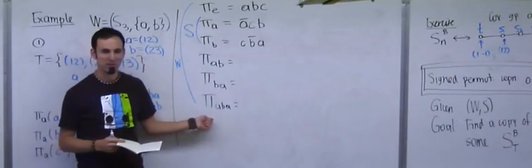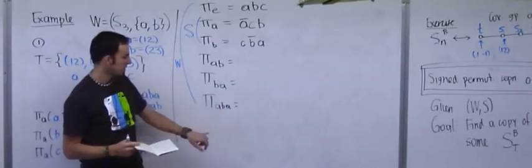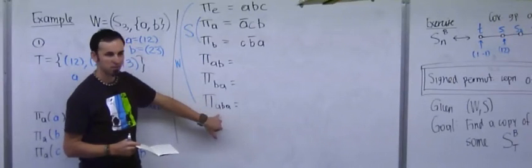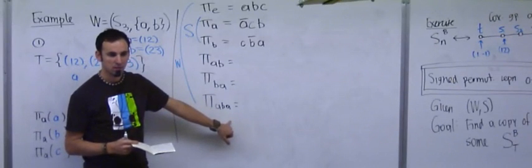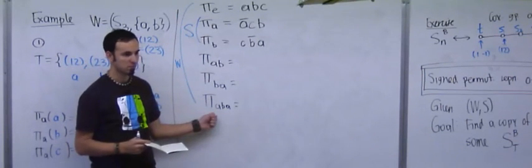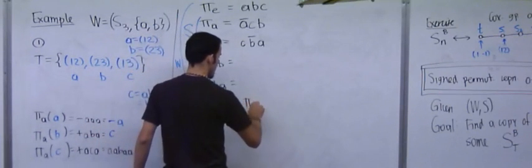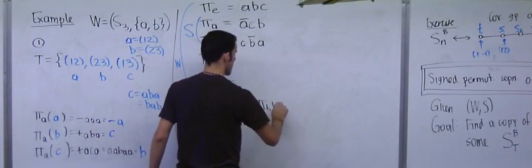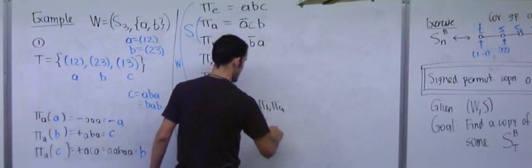If someone worried about this, you should be worried about this, because I had two choices here. I could call this element ABA, or I could call it BAB. And this gives me two different formulas for this element. I can write this as pi A, pi B, pi A, but I can also write this as pi B, pi A, pi B.